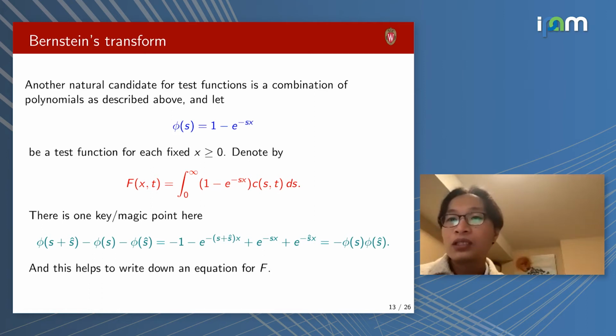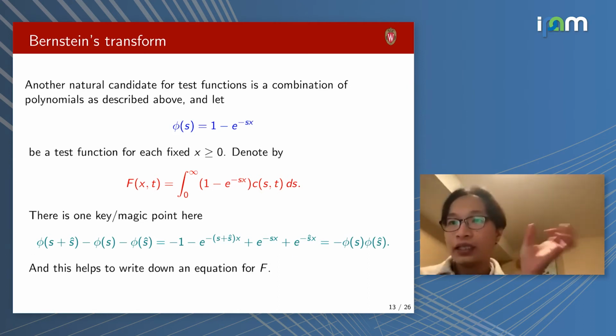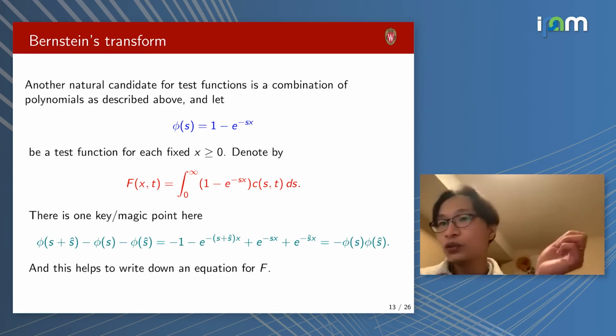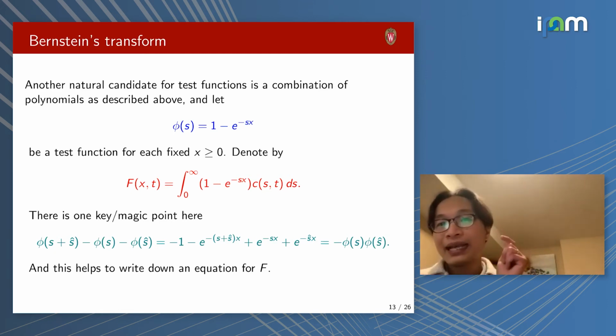So we're going to use this transform to transform from the non-local integral differential equations into certain PDEs that we can analyze. And there's a key magic point here: if I use this one as a test function, you see the combination term that I use a lot is phi of s plus s hat minus phi of s hat.